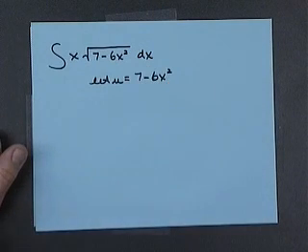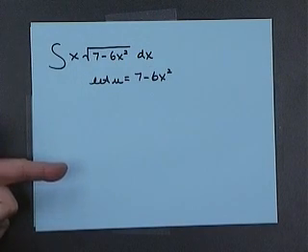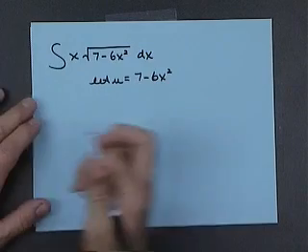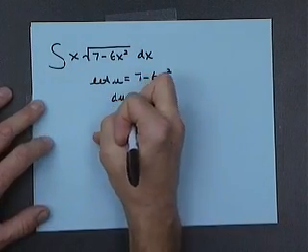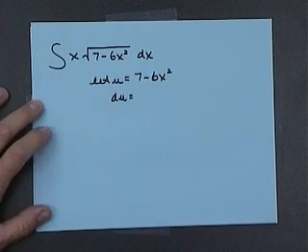Does it have a chance of working? Yes. Why? Because you have the extra x. The derivative of this thing is going to have an x in it, and don't we have an extra x floating around in the integrand? Yeah. Okay, so it has a good chance of working. du is? Negative 12x.